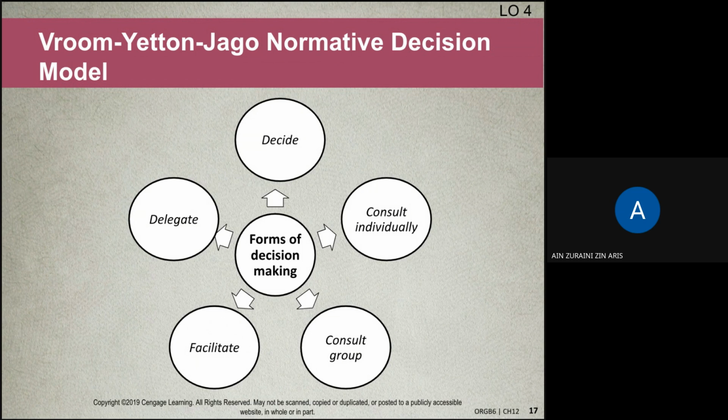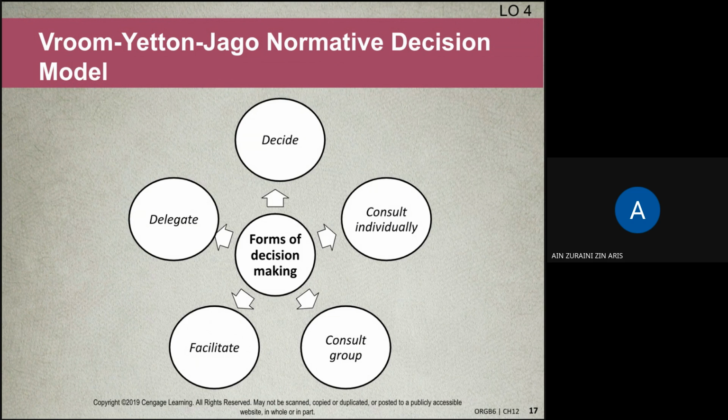Okay, so basically there are five forms of decision-making styles proposed by the Vroom-Yetton-Jago model, that fall on a spectrum from autocratic to collaborative. Okay, so let's go through each one. The first one is autocratic type 1.